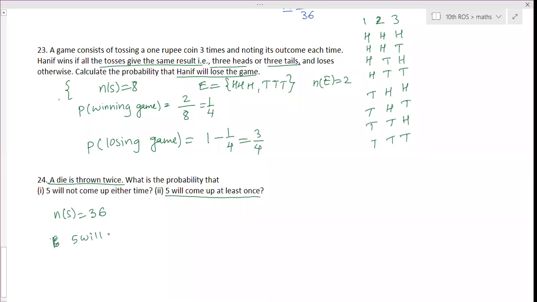5 will come up at least once. So what are the outcomes? What all outcomes have a 5?